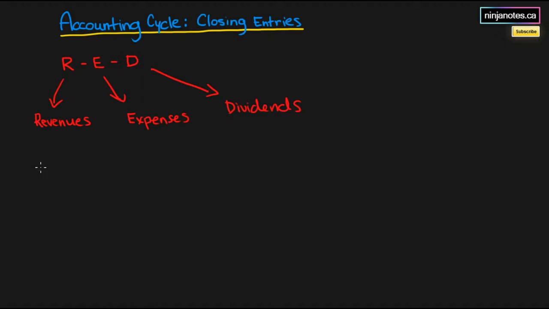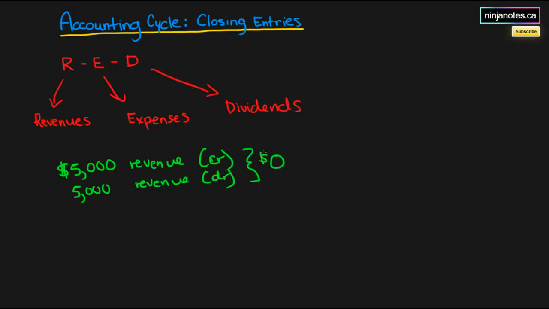Well, for instance, if we have $5,000 of revenue, and you remember that revenue does have a credit balance, in order to bring this balance down to zero we're going to do the opposite by debiting revenue by $5,000. That way, we're going to have a final balance of zero, and our temporary account will be zeroed out.